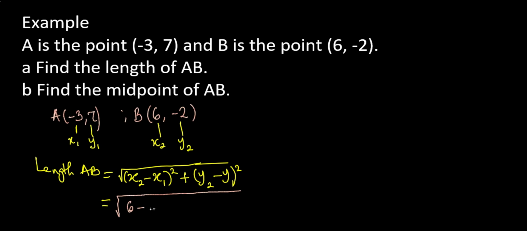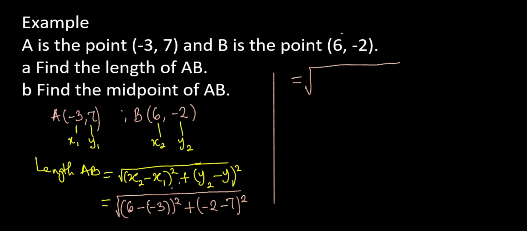The x2 is 6 minus the x1 which is minus 3, then we square it, plus the y2 which is minus 2, minus the y1 which is 7, and we square it as well.